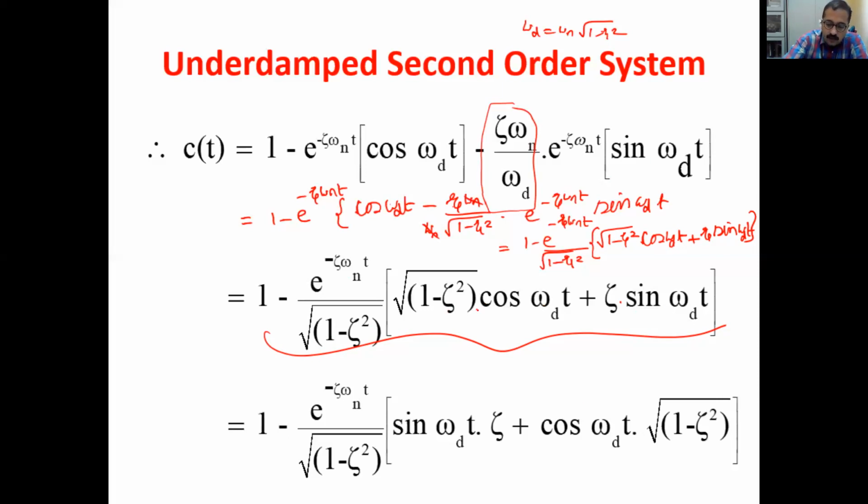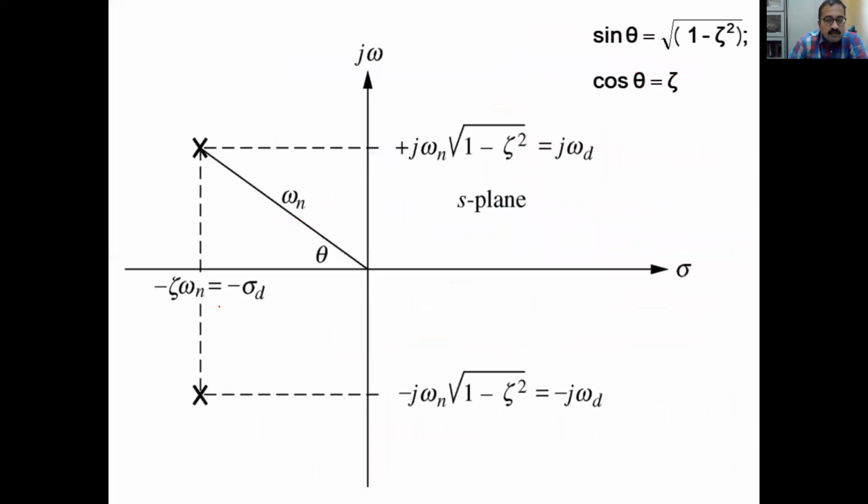Now these are the locations of the complex conjugate poles: minus zeta omega n plus j omega n root of 1 minus zeta square, and minus j omega n root of 1 minus zeta square. Let this angle be theta. What is sin theta? Opposite side by hypotenuse.